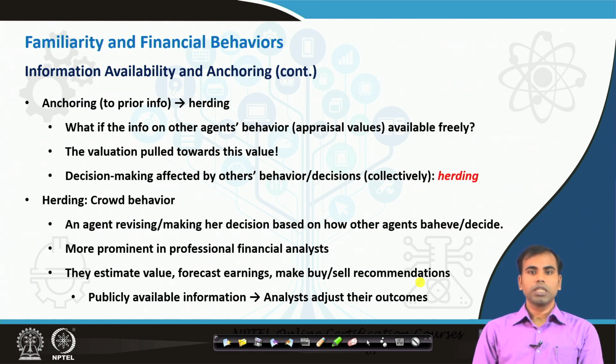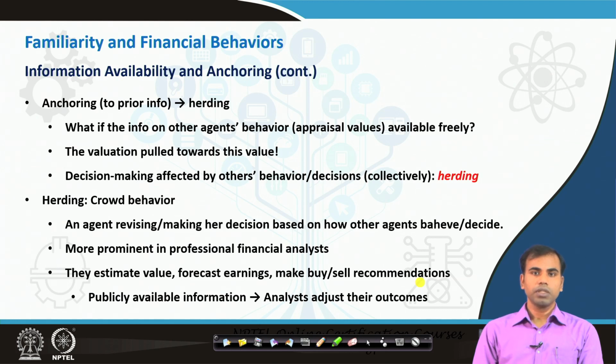Now, the valuation gets affected by the information that they have, and when the information is accessed by a large set of people, probably all of them start behaving in a similar fashion, and that leads to the herding behavior or the crowd behavior in the stock market.